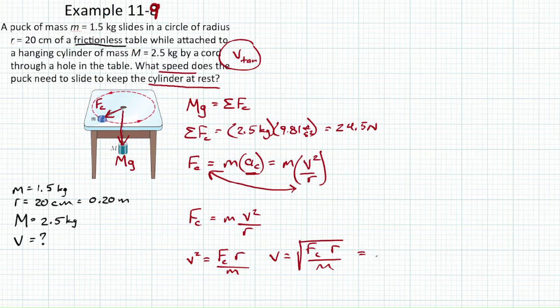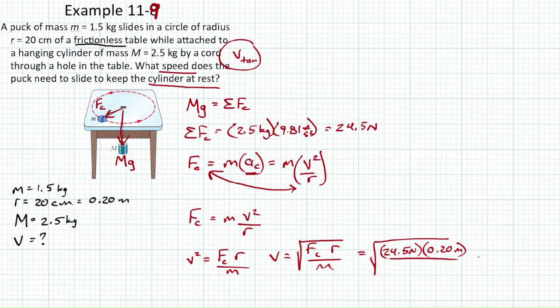Nothing more than plug and chug now. Our centripetal force we found up here to be 24.5 newtons. Our radius is one of our givens, 0.20 meters, divided by the mass.